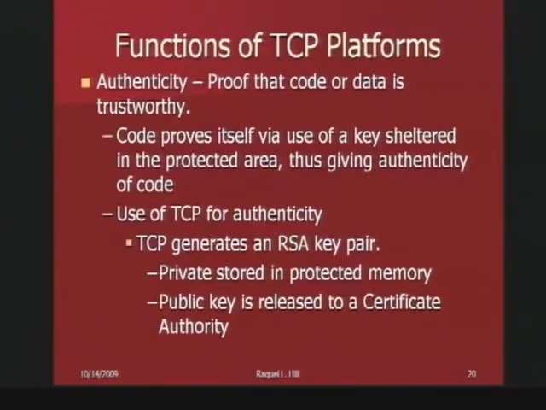We have authenticity. Basically, the code proves itself via the use of a sheltered key, because now I can determine that the key that was used to sign the data and encrypt the data is stored within the TPM, based on my public key certificate associated with this particular device. Okay, and the TPM's endorsement key is actually signed by the vendor and things like that.